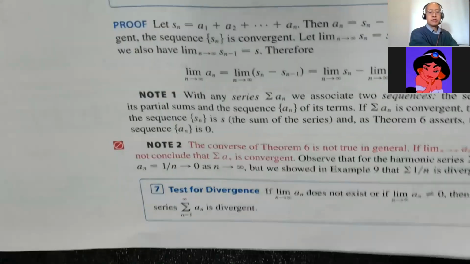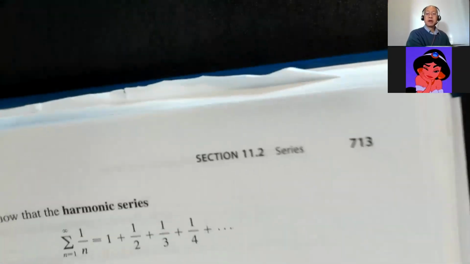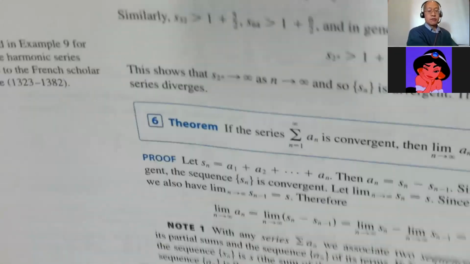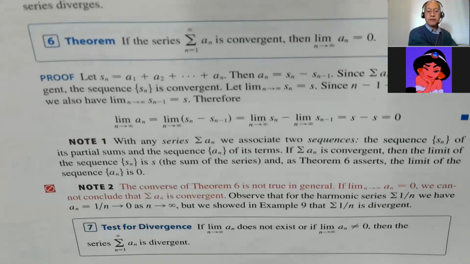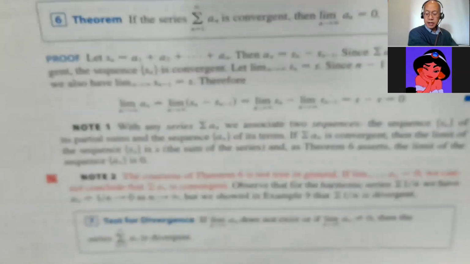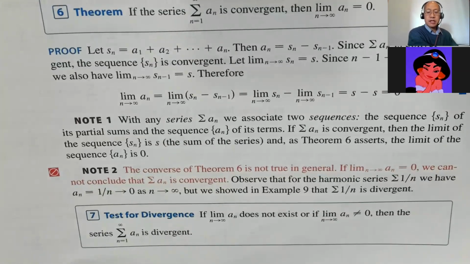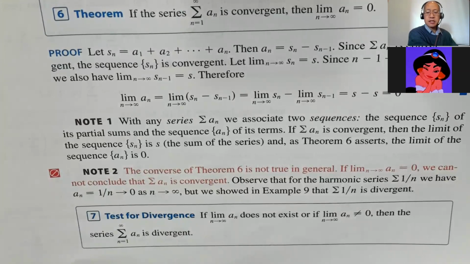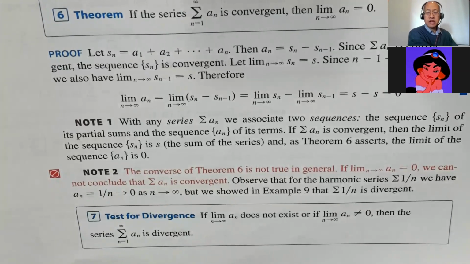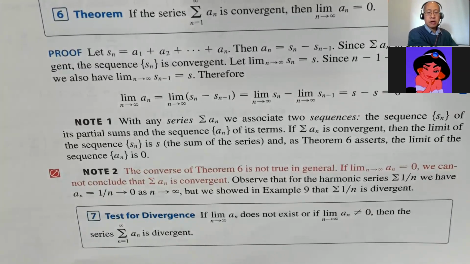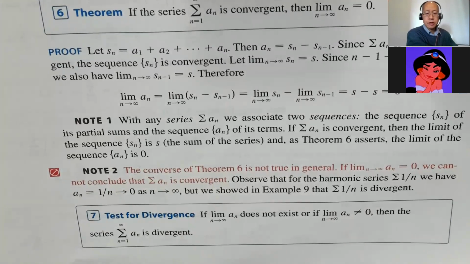That's the test for divergence. It's at the bottom of 713. What the text has is correct. I'll give you my version, which I think is more compact, and it says the same thing. If the limit as n approaches infinity of a sub n does not exist, or the limit is not 0, the series automatically diverges. I'll give you the Melvin-Hum variety, which says the same thing.